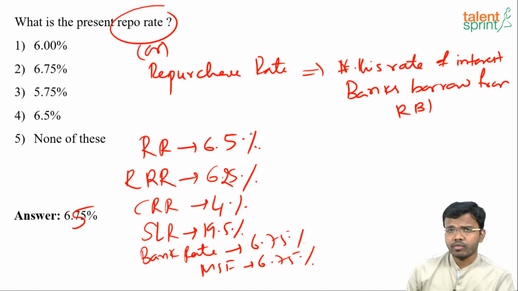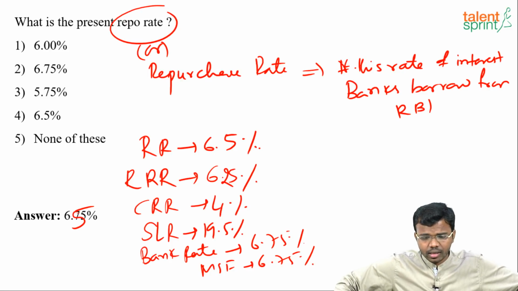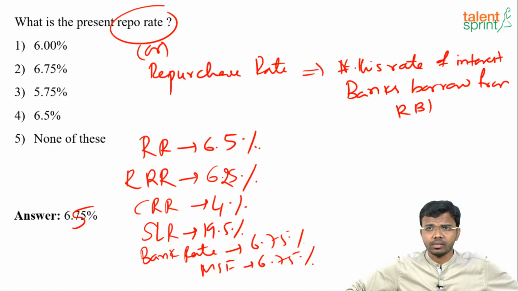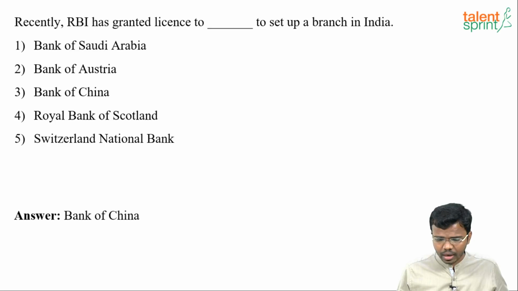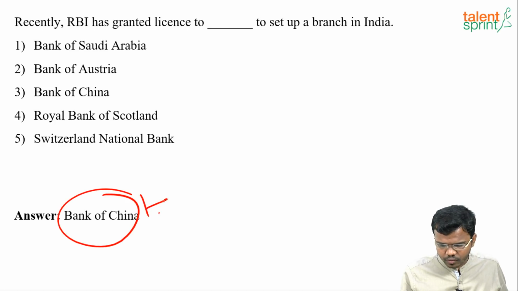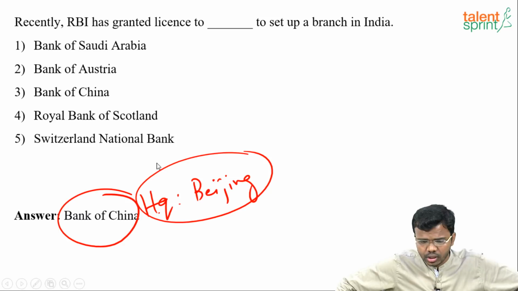Repo rate is 6.5%, reverse repo rate is 6.25%. So current repo rate is 6.5%. Moving on to the next question. Recently RBI has granted license to Bank of China. Bank of China is headquartered at Beijing of China. So it can open a branch in India.